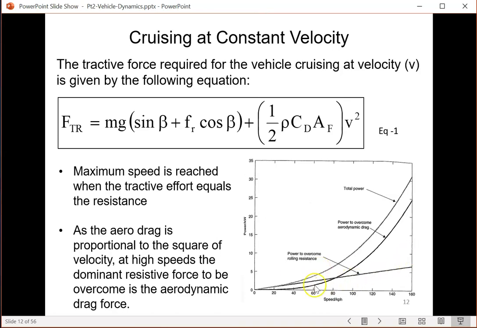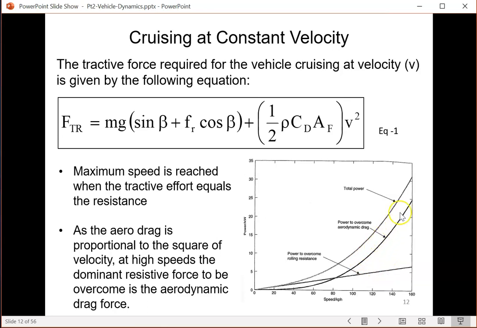This straight line is the power of the rolling resistance. Rolling resistance force is constant, but power equals force times velocity, so as the velocity goes up, the power goes up.